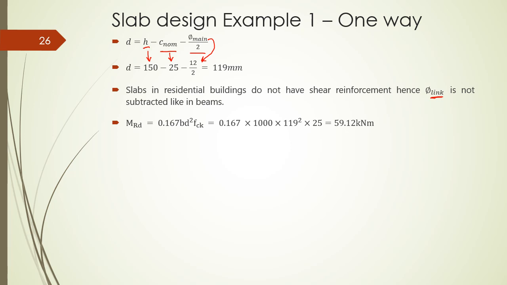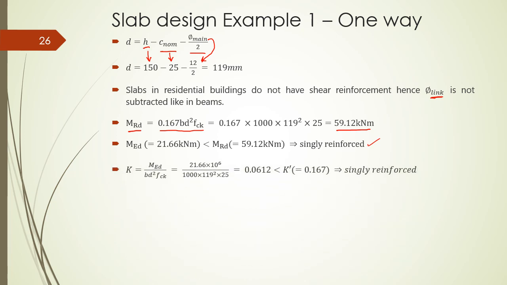We'll then compute the design moment of resistance, MRd, using this formula which we had earlier derived, and we'll get the design moment of resistance is 59.12 kilonewton meter. The moment effect of the design load, MEd, will be 21.66 kilonewton meters, which is less than MRd, which implies that the slab is singly reinforced.